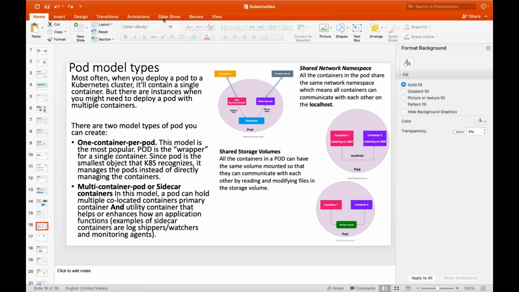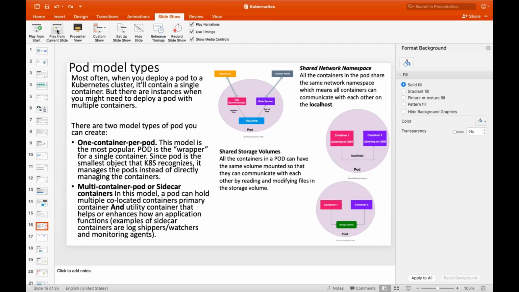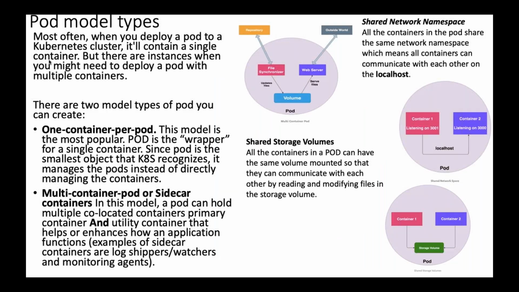Most often when you deploy a pod to a Kubernetes cluster, it will contain a single container. But there are some instances when you might need to deploy a pod with multiple containers.